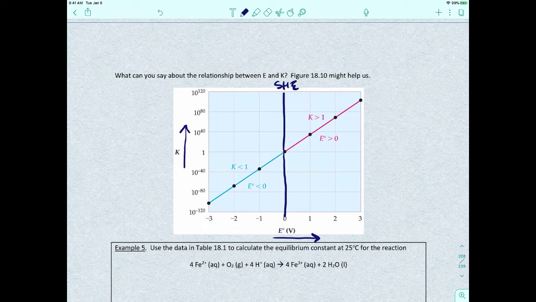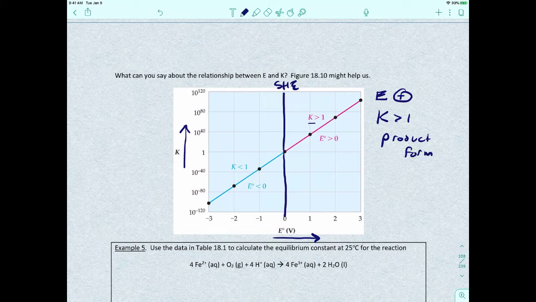Now, if the cell potential increases from this point forward, what happens is that the equilibrium constant is going to be greater than 1. So if the cell potential, E, is positive, that means K has to be greater than 1. That tells us that we're going towards product formation.